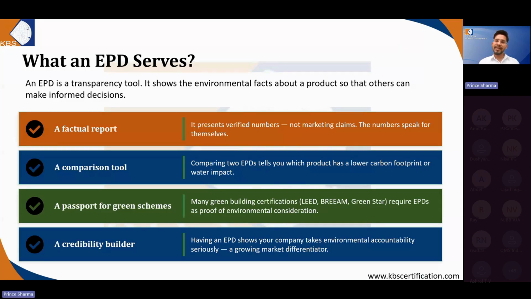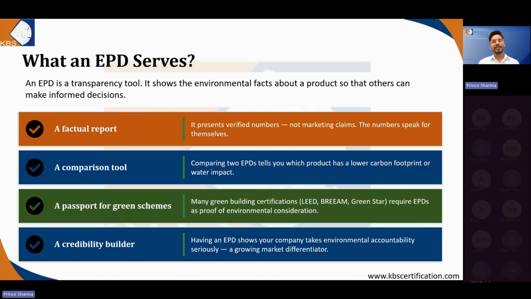Then it is a comparison tool as well. If we take two manufacturers in the cement industry, and both have published their EPDs, even if they are from different program operators, they are also comparable, right?